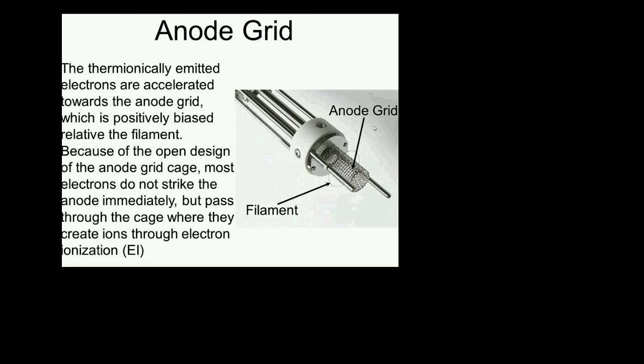Most instruments will not allow you to change what that energy of the ions is. Some instruments will. For example, in this particular device, in this picture, you will have a low energy and a high energy setting. The low energy setting will provide you lower sensitivity, but it will also provide you narrower peaks in the spectrum, which means better resolution, which will allow you to do more accurate identification of molecular species.